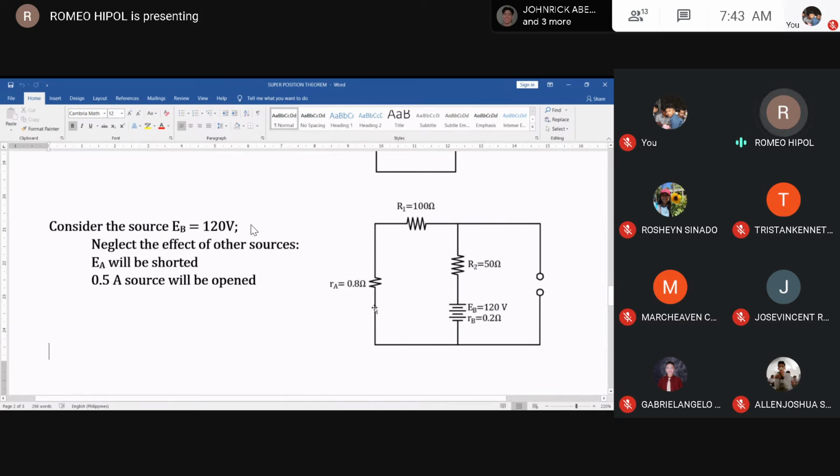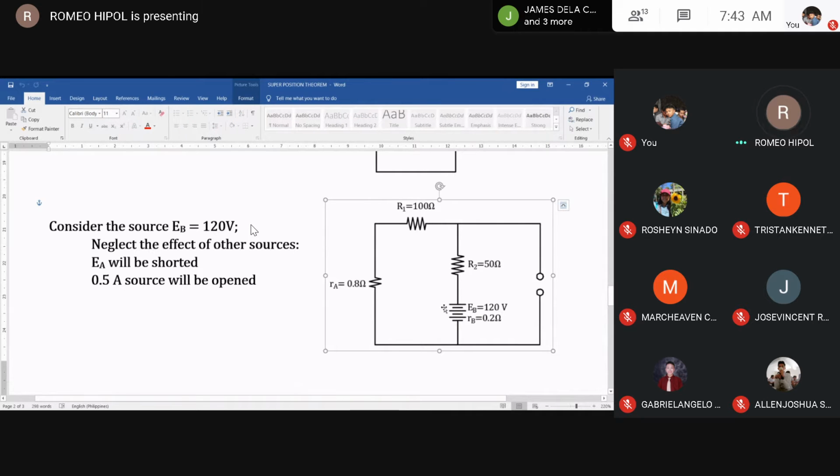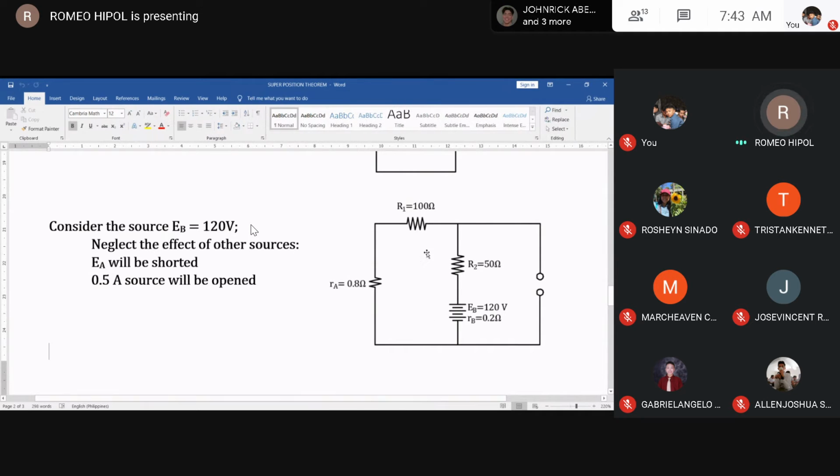So, yung E sub A will be shorted and then the 0.5 current source will be open. And then, again, the equivalent circuit with respect to the effect of battery B would be ito, yung ating circuit diagram. Nakuha. So, still we have an equivalent series circuit.